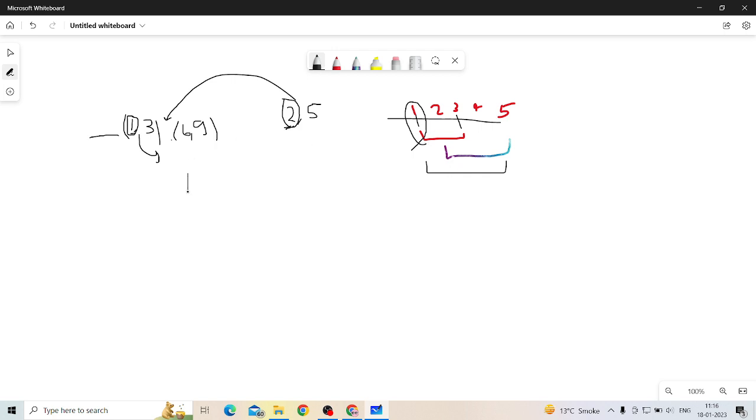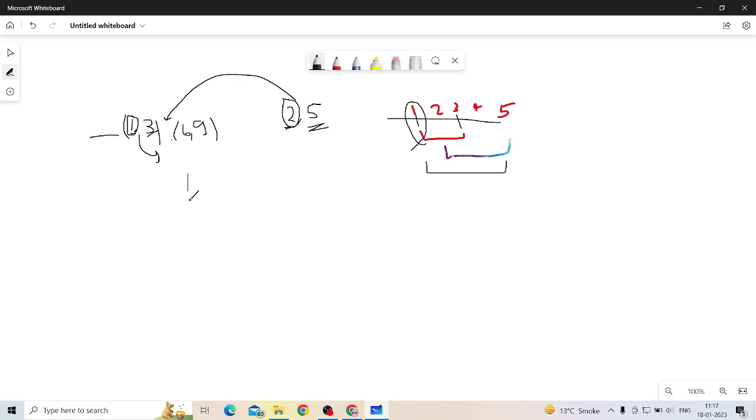Then for the end, we take the one that is ending last, meaning whichever is greater among 3 and 5.